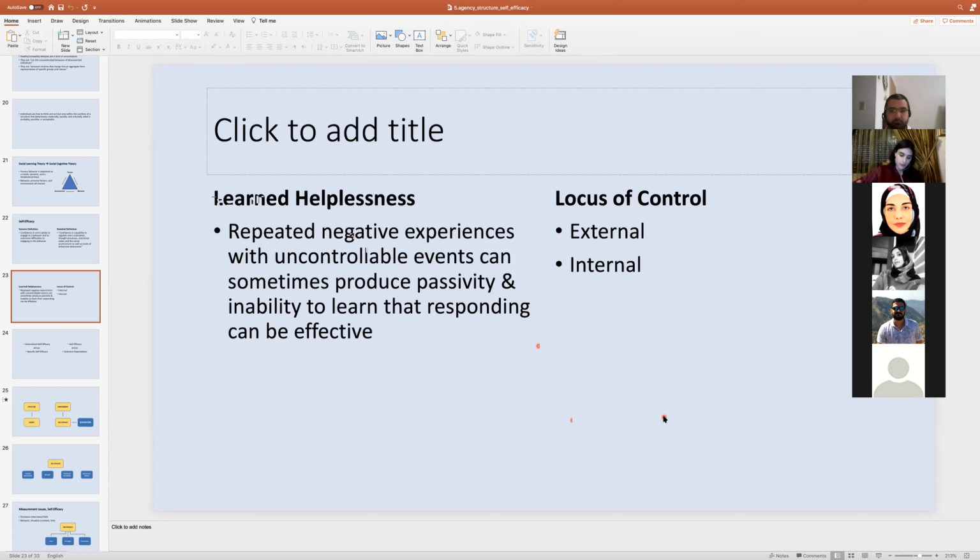Now, external can be, in some cases, thinking, oh, my behavior is not up to me, it's really up to others, and I don't have control over my behavior or over my fate.